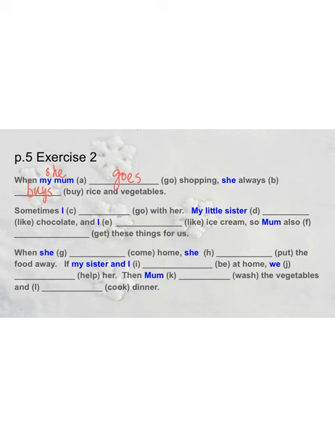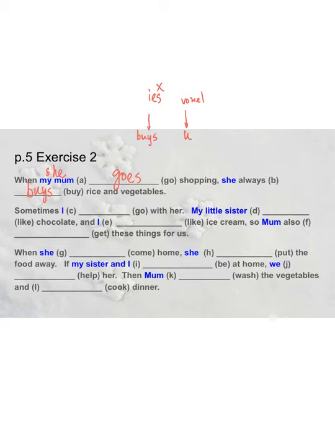Okay, here, number 2, I want to talk about buys first. Buy ends with y, but we do not change it into ies. Why? Because u is not a consonant, it is a vowel. And therefore, we don't need to change y into ies for buy.